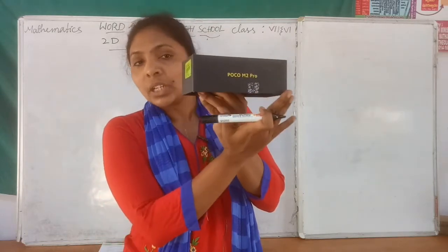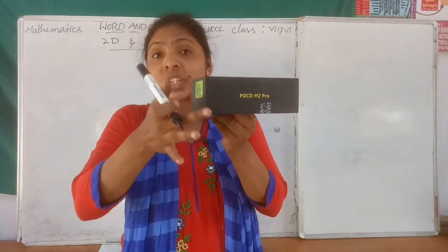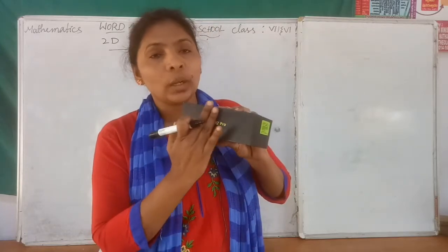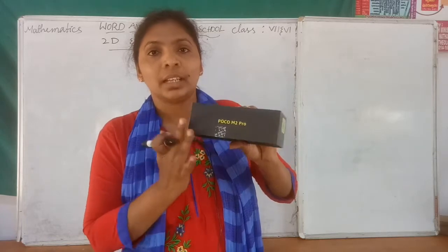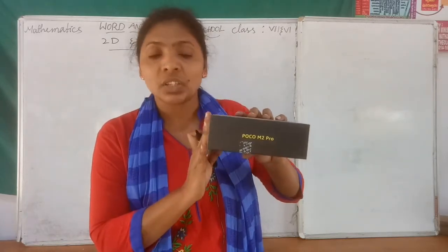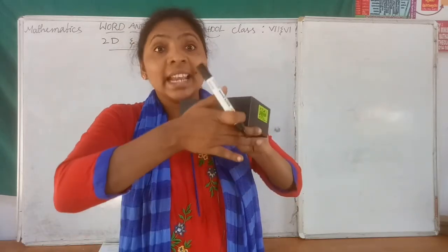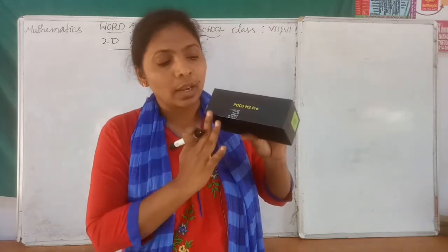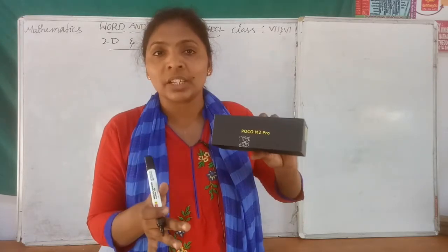This is one dimension. This is one of the dimensions. It is also one of the dimensions. Suppose for a rectangle we are taking only this face, children: length, breadth. But in 3 dimensions we can take length, breadth, height. An extra dimension is added, children. So length, breadth, height. These are the 3 dimensions.